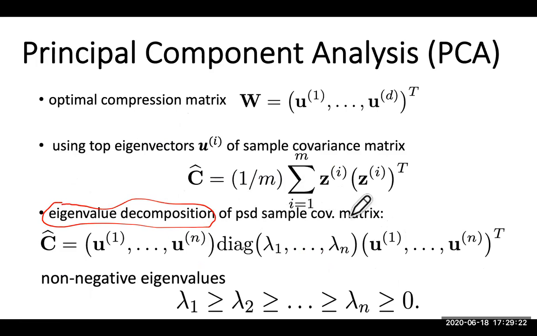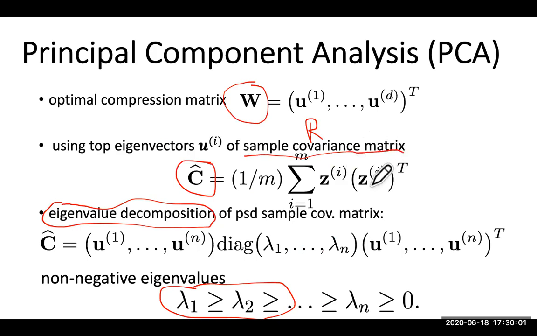But just for the sake of exposition, I want to also discuss this briefly, how we obtain the optimal compression matrix W and corresponding reconstruction matrix R. And this optimal compression matrix is obtained by the eigenvectors of this sample covariance matrix, which correspond to the d largest eigenvalues of this sample covariance matrix.